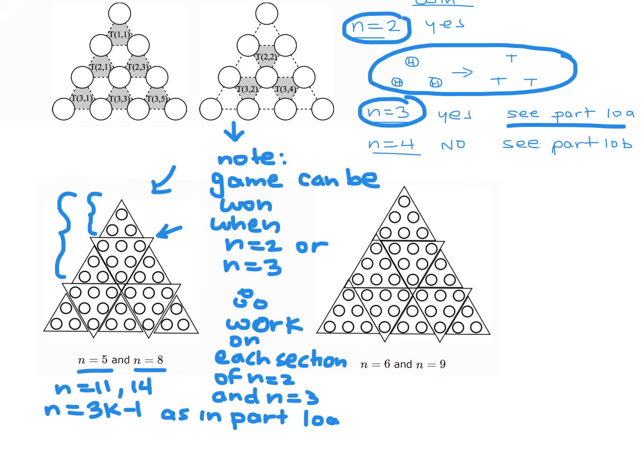All right, so now let's turn our attention to the next guy, which is this diagram here. This, as you can see, if you look at the entire thing, it's n equals 9. But if you just look at the first part, it's n equals 6, right? In a very similar way, that can also be won.